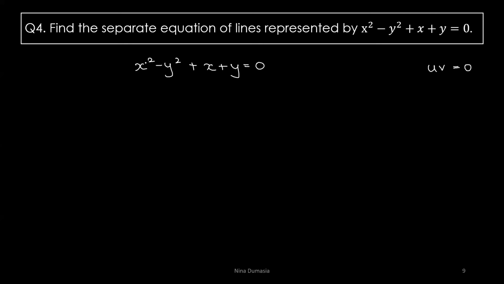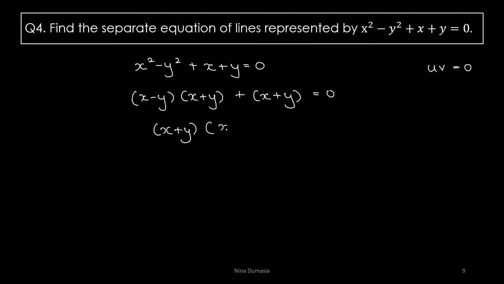So we know that x square minus y square can be written as x minus y into x plus y. Okay, and then we already have an x plus y over here. Now what we will do is from these two terms we take x plus y common, so we get x plus y into, now from the first bracket we are left with x minus y. Here there is nothing, so 1, right, this is multiplied by 1 is equal to 0.